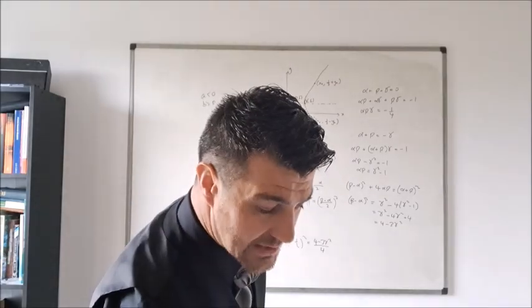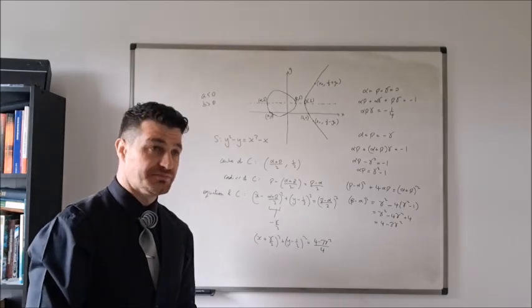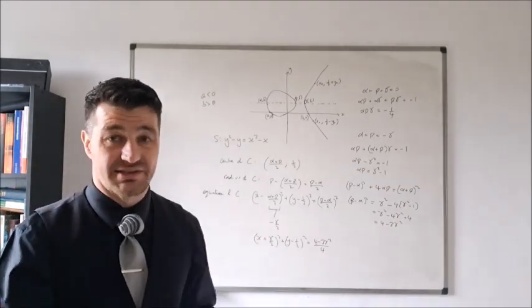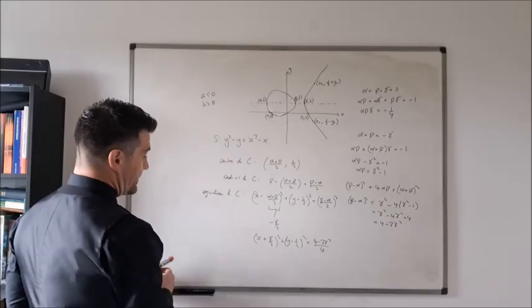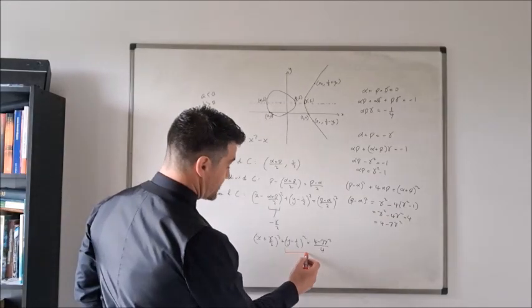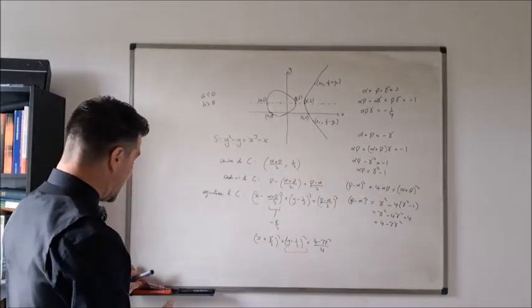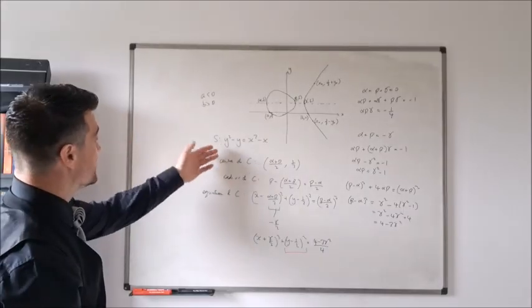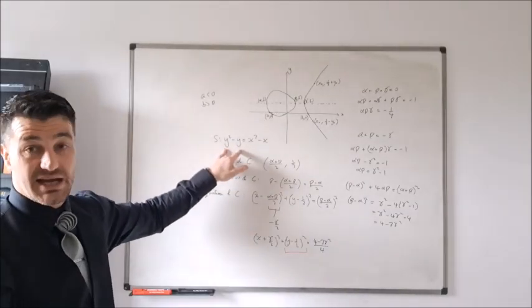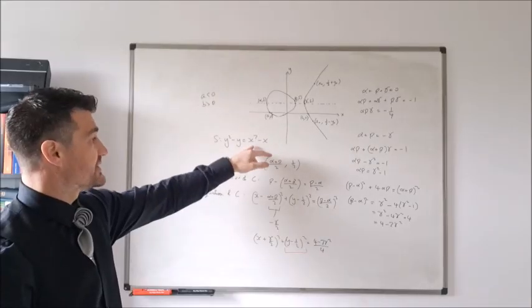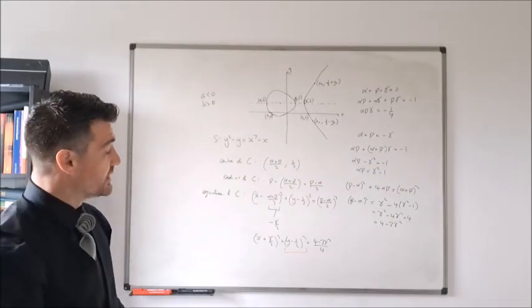So now, how do we look for points of intersection between two curves? Well, it's like simultaneous equations, right? Notice we've got this y minus a half squared here, which we had when I completed the square on this. We had y minus a half squared equals x cubed minus x plus a quarter.